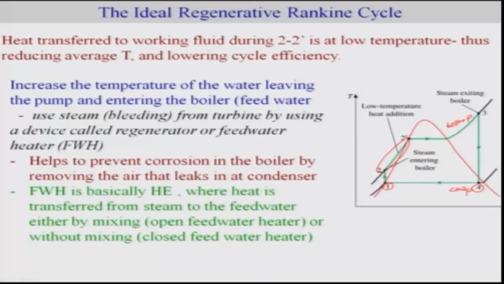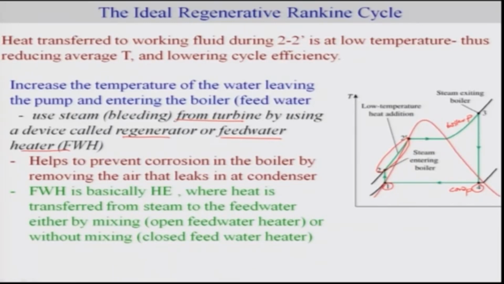The alternative way to increase this temperature is to take out some steam from the turbine and mix it in order to increase the temperature. We do this using a device that we are going to call a regenerator or feed water heater. It uses steam from the turbine, and we will discuss this process.